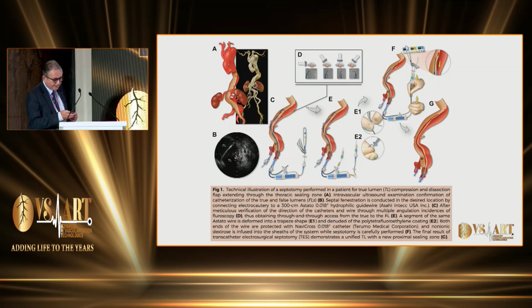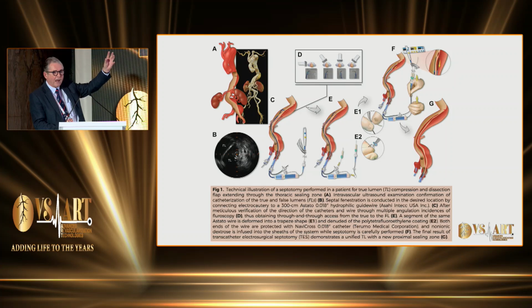And they describe it, is this a pointer here? There isn't a pointer, I don't think. Anyway, they describe it quite carefully. They use IVUS to make sure that they're actually in the true lumen. And then they pass catheters up both lumens, and they capture the catheter, they perforate the septum, they capture it, bring the catheter down, the Astato catheter, and then they denude it a little bit of its polyurethane covering, put it back up, and they position it just at the top of the dissection flap.